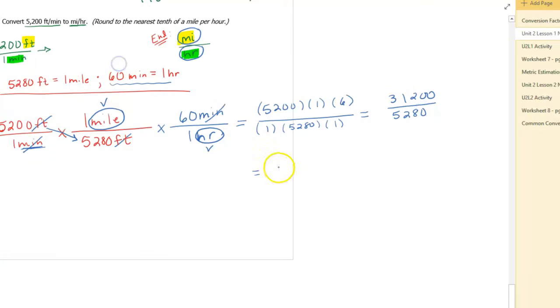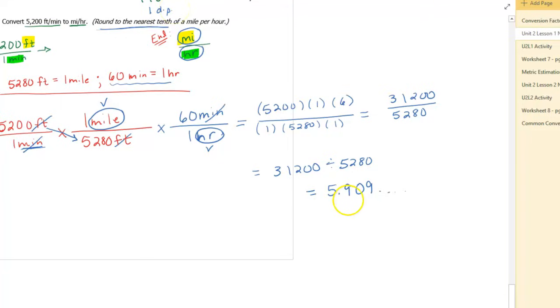On the bottom, we have 5,280. And now we're going to do in our calculator 31,200 divided by 5,280. And that gives me 5.909. Now it does go on. So let's see where they want us to round to. It says the nearest tenth, which is the first decimal place.